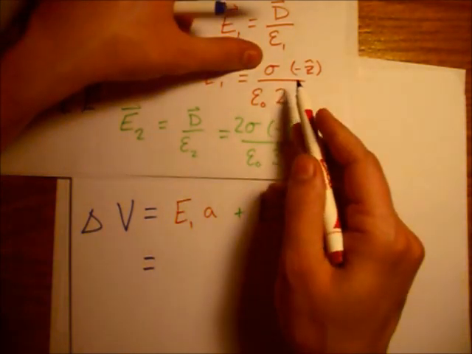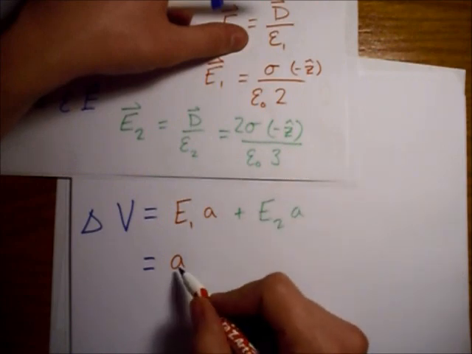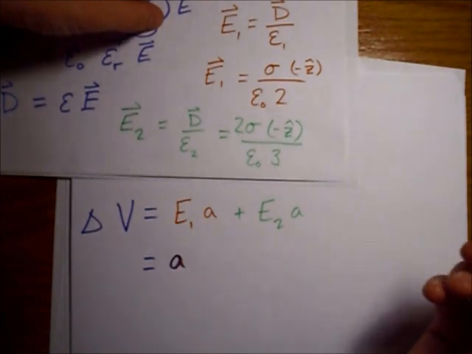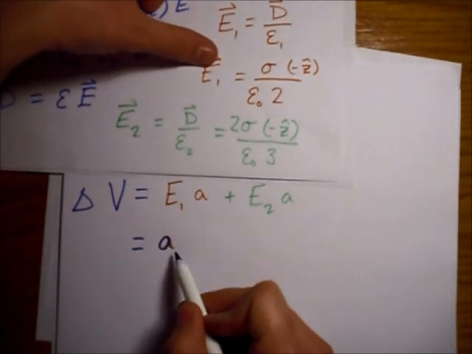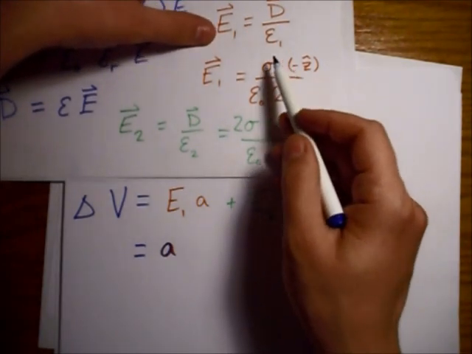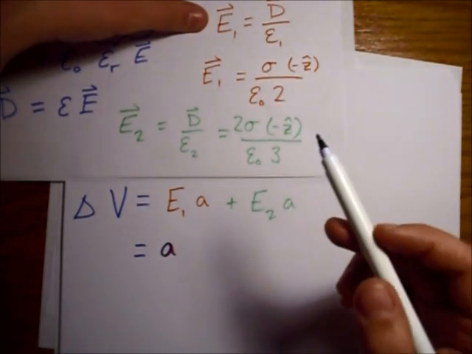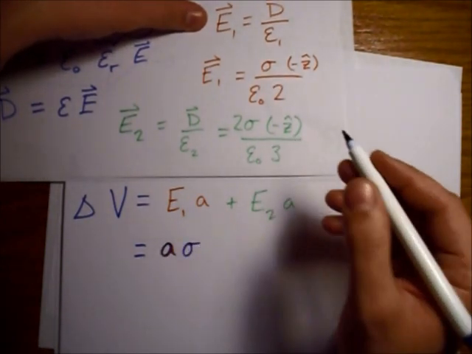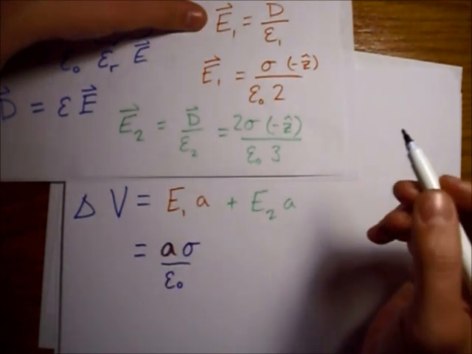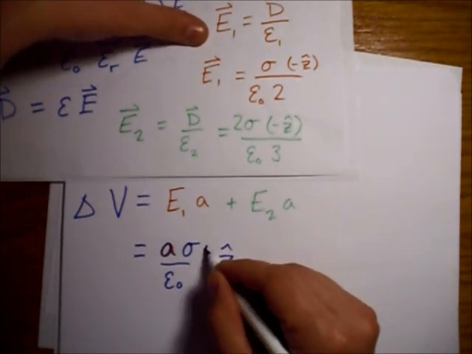In fact, I'm just going to bring the A out because it's the same. Maybe I shouldn't worry so much about colors right now. I'll just do it in blue. So I'm going to factor out the A. So that's this A and this A. Looking at our two electric fields, E1 and E2, we see there's a sigma for both of those. There's also this epsilon naught. There's also, of course, the minus z hat direction vector, right?